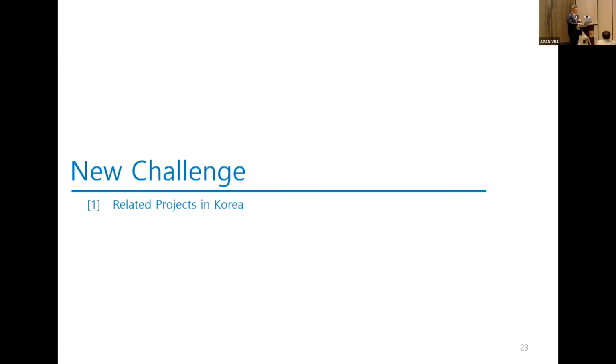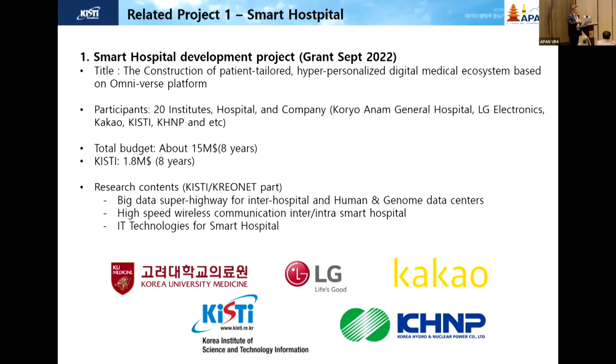So from now, I will explain the ongoing projects and the proposal stage project-based platform. We have three related research platform projects. One is a smart hospital development project, another is a Korean Rural Development Administration project, and the other is a Korea Environment Institute project.